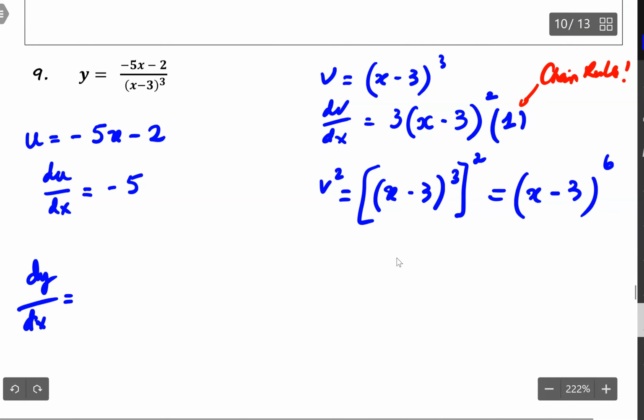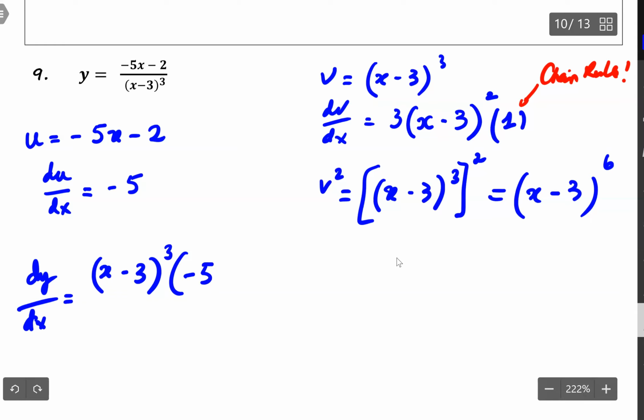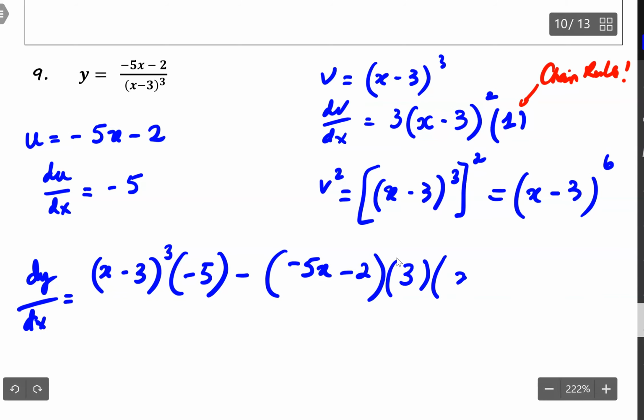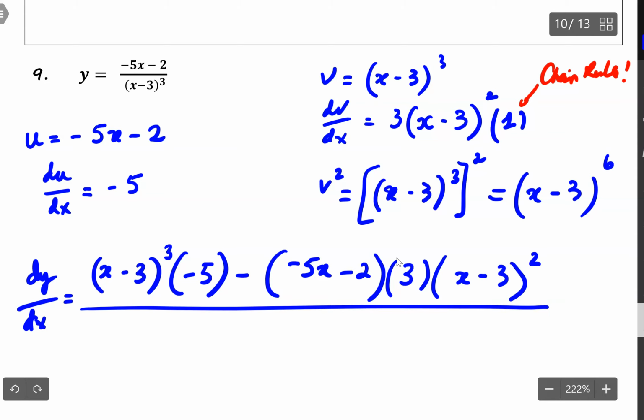So v is x minus 3, all of it to the exponent 3, times negative 5, subtract u, which is negative 5x minus 2, multiplied by the derivative of v, which is 3 times x minus 3, all of it squared, and this whole thing divided by x minus 3 to the exponent 6.